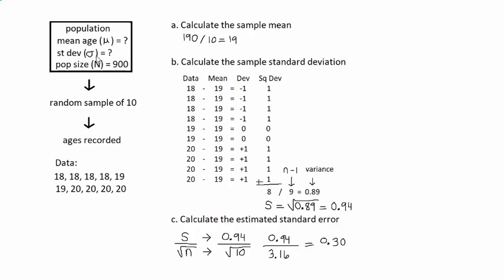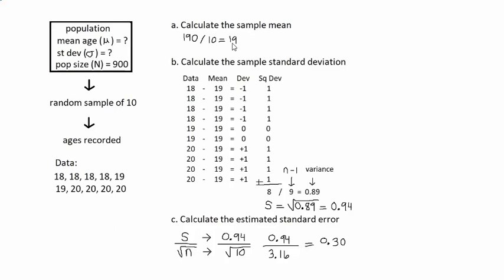So the person decides to take a random sample in an effort to estimate the mean age of this population. And the person takes this random sample of 10, gives out a survey and records their 10 ages. And next, the person calculates the mean of the sample by adding the 10 ages and dividing by 10, and the sample mean comes out to 19.